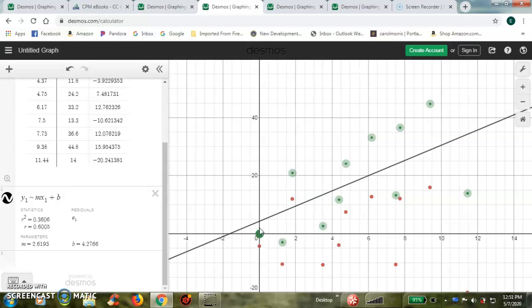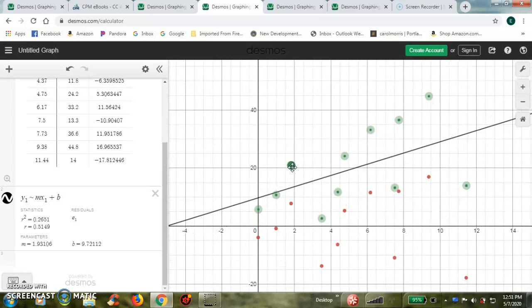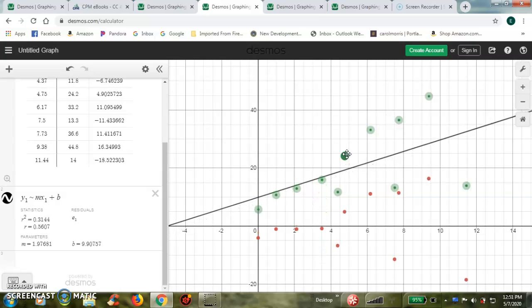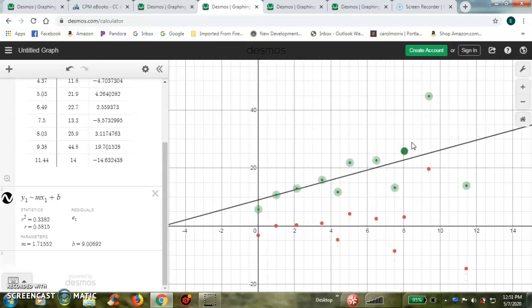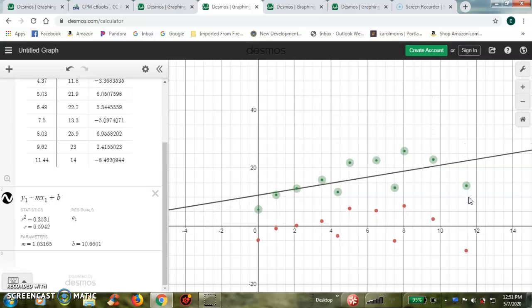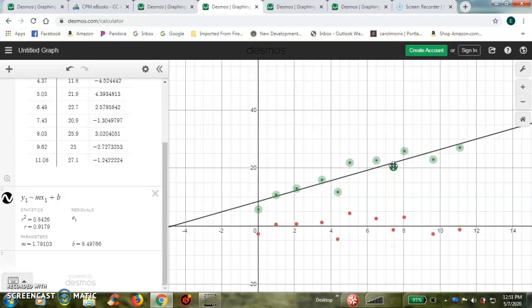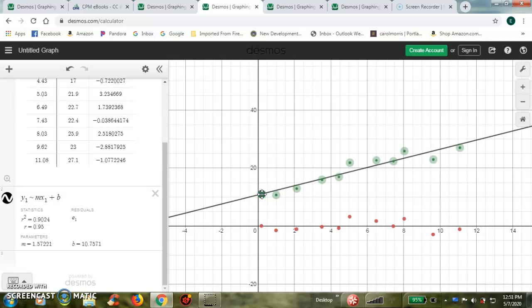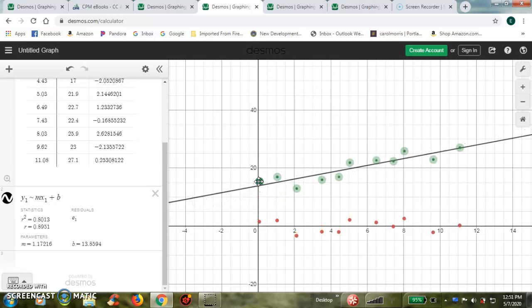All right, so watch what happens. I'm going to start pulling points closer to the line. Watch what's happening to the correlation coefficient as I do that. All right, so you can see, well, this point's not that great, but there we go. So I'm pulling things closer and closer to the line.